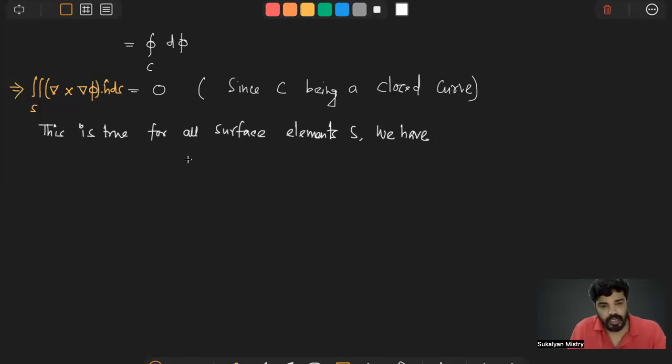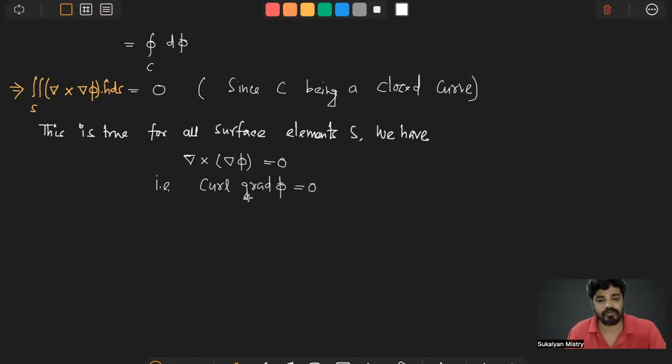So we have del cross del phi is equal to 0. Del cross del phi means curl grad phi, so curl grad phi is equal to 0.